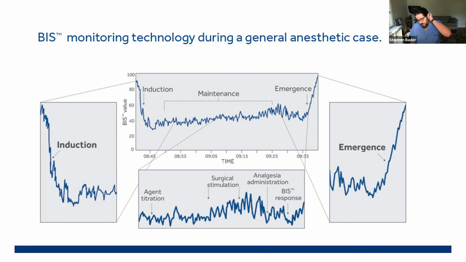So it can be very helpful to try and achieve that goal of keeping the BIS just under 60 while you're lightening the patient up, reducing your inhalational agent or your intravenous anesthetic, so that you can get the patient as light as possible without having them suddenly move or have much risk of awareness towards the end there.